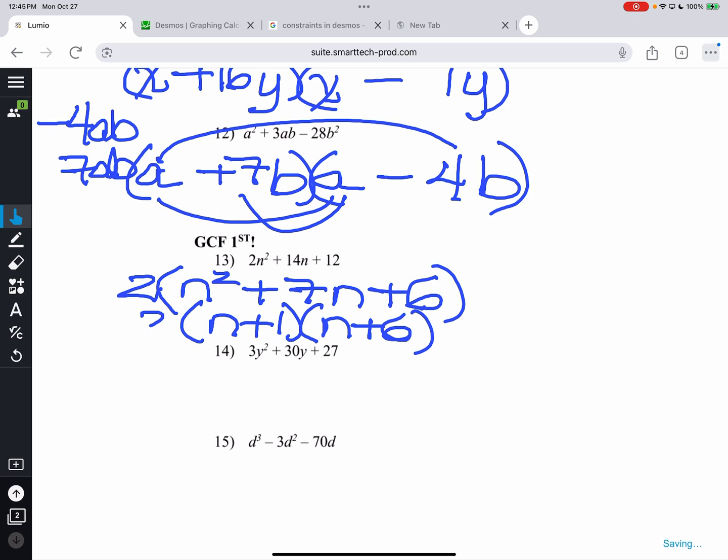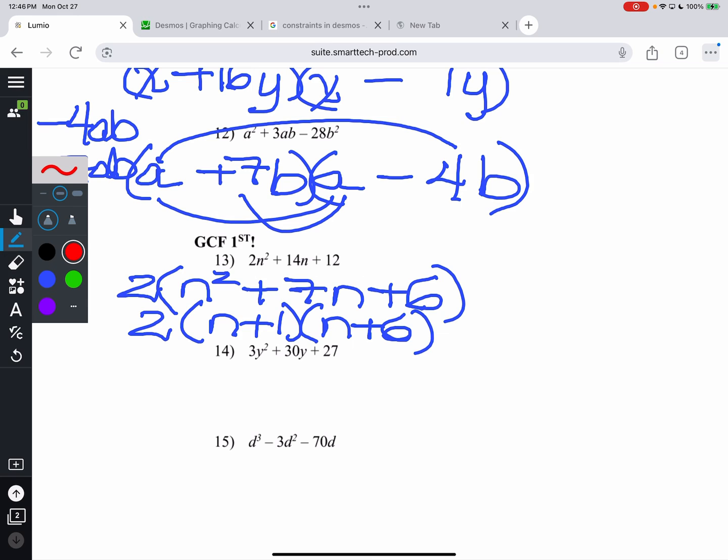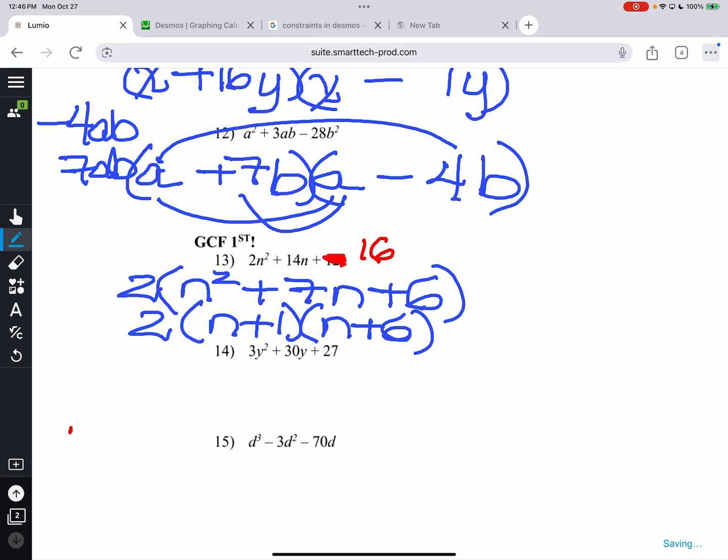I want to call your attention to this. If this had been 2n squared plus 14n plus 16, I'm just making up a problem, we would have removed the 2 as the GCF, right?